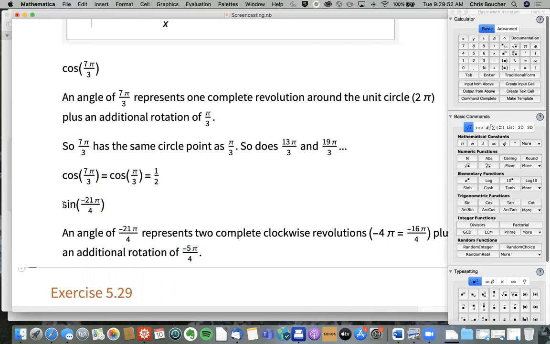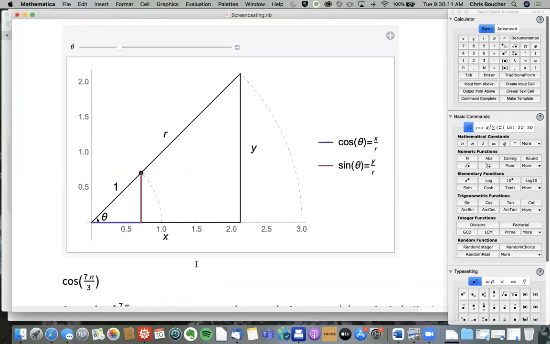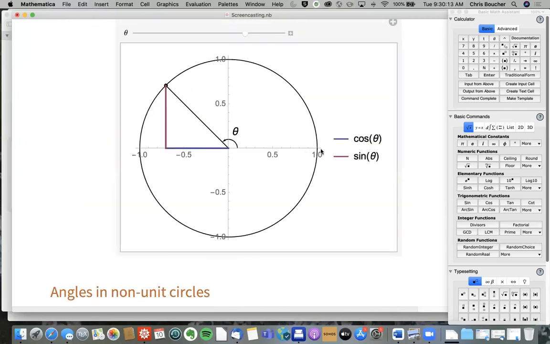So if I want to find the sine of this, it's the same as the sine of negative 5 pi over 4. And 5 pi over 4 is 1 1/4 pi. So in terms of rotation, I would start here, rotate pi, that is 180, then go another pi over 4, and it would be exactly here. It would have this circle point.